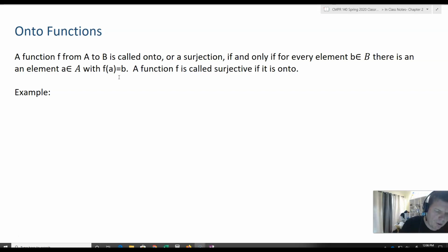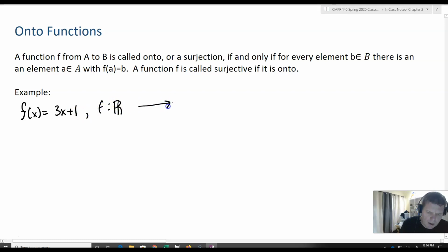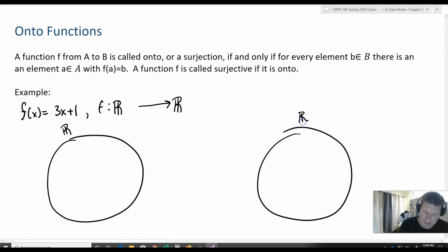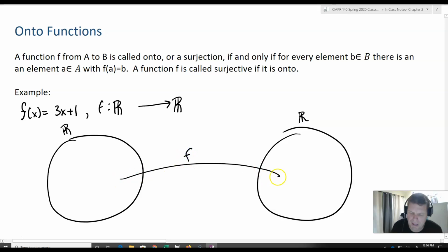So let's take the example that we had before, f of x equal to 3x plus 1, okay? And we're going to take that from R into R. So we've got R, that's our domain, and then we have R, our codomain, and then we'll have our function f. And I want to imagine, okay, the number 1, where's it going to map back to?